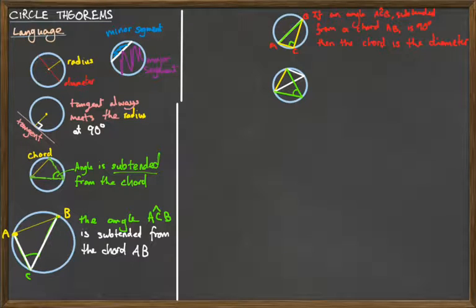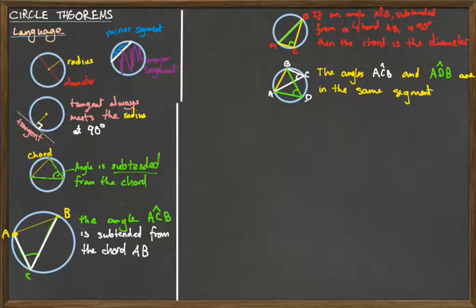Next. Okay, so I've subtended 2 angles from that yellow chord, the green angle and the white angle. These angles, so the angles ACB and ADB, the green angle and the white angle, I've written them in green and white to help you out. They're in the same segment, so they're both in the major segment and subtended from the same chord.